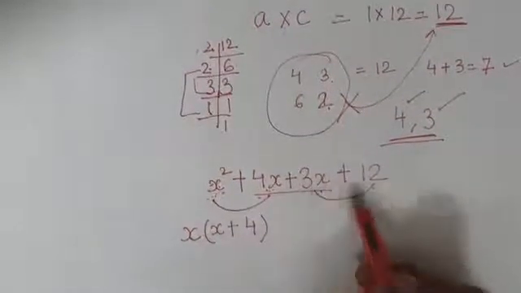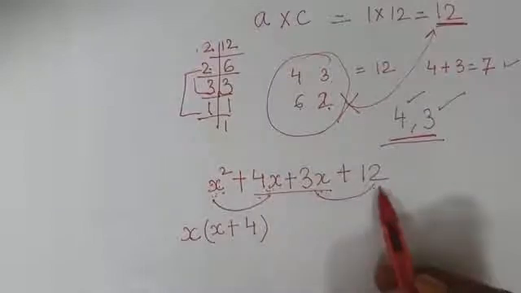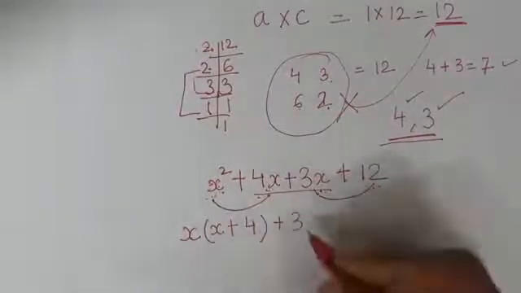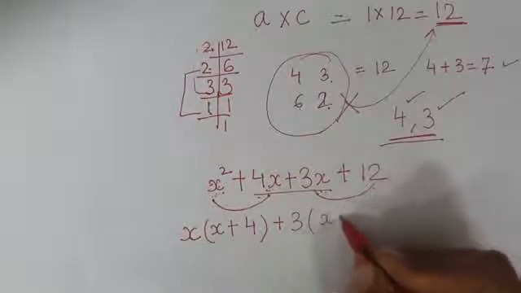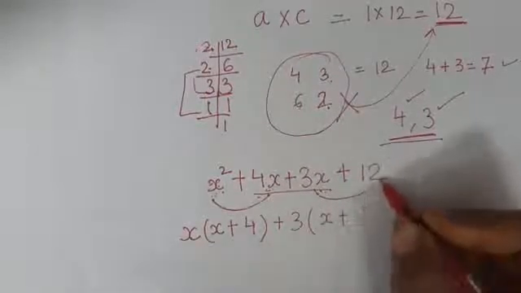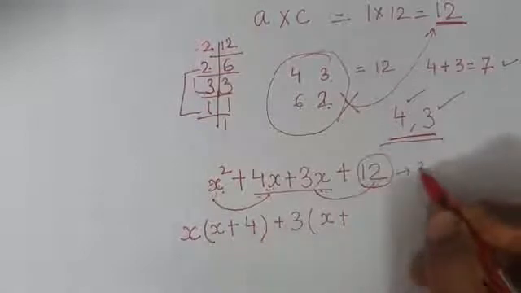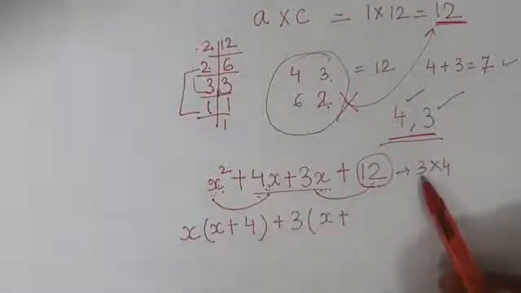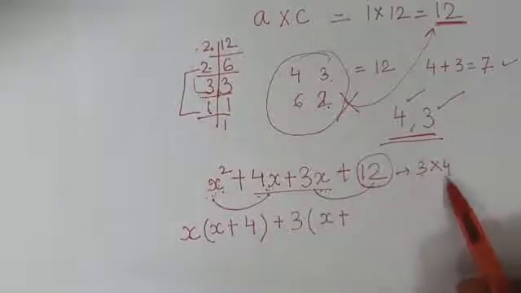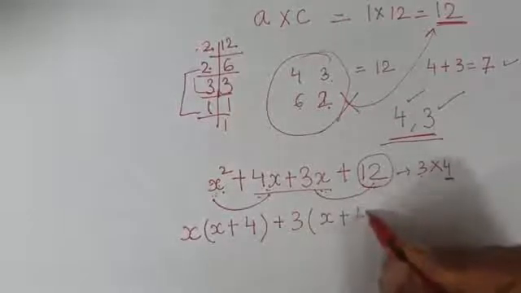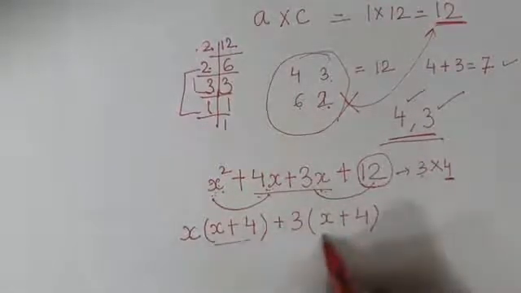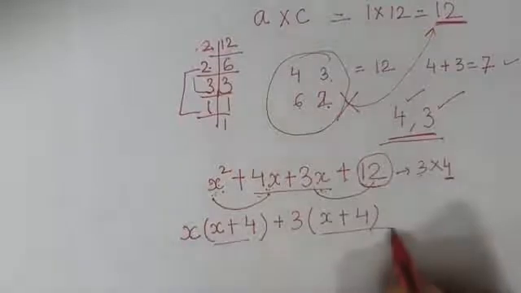Then what is common here? Yes, 3. Because 12 we can write as 3 into 4, so we can take 3 as common. So what is left here? Yes, 4.